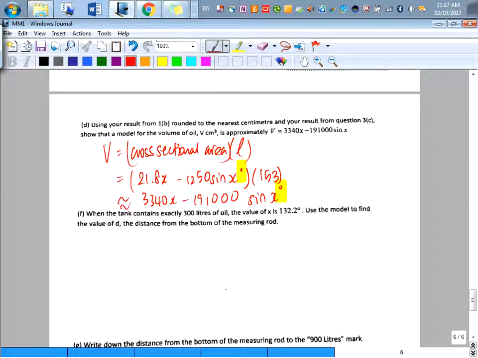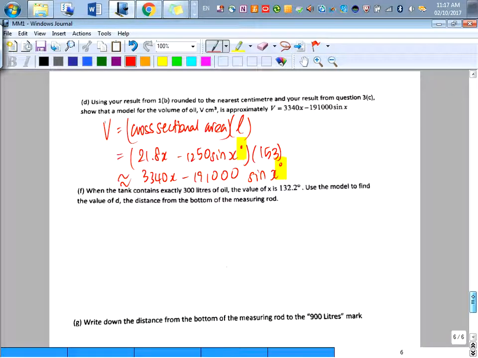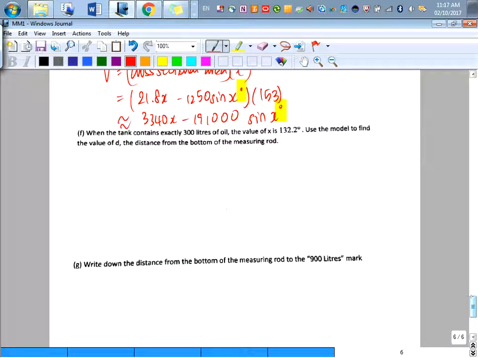Okay, now part F. You need to refer to your diagram also. When it is containing 300 liters of oil, the value of X, the angle, is 132.2 degrees. Then find the value of D, which is the distance from the bottom of the measuring rod.